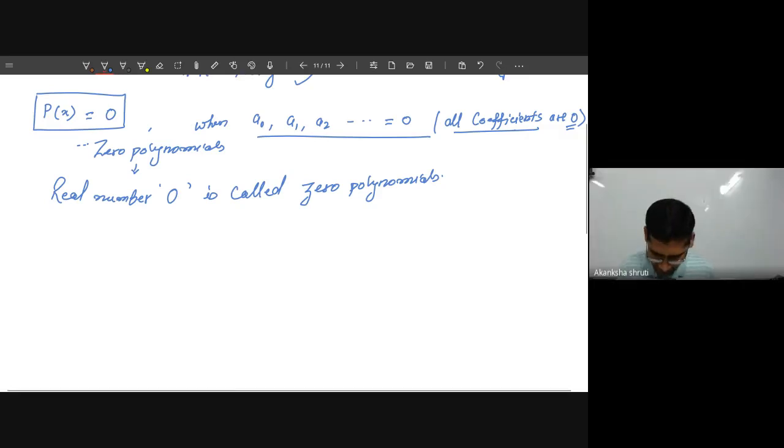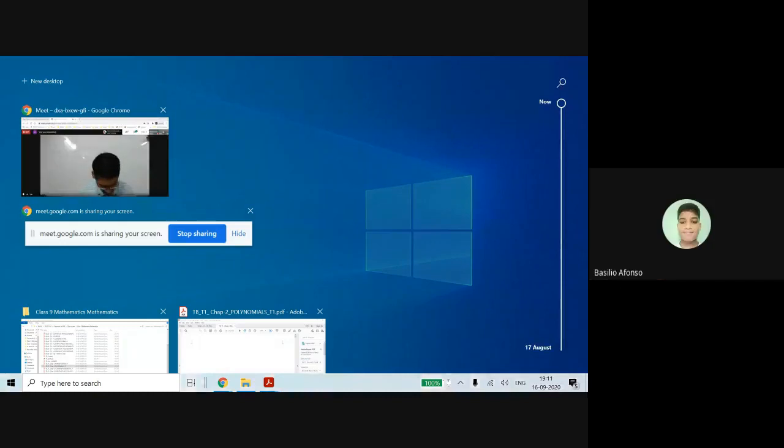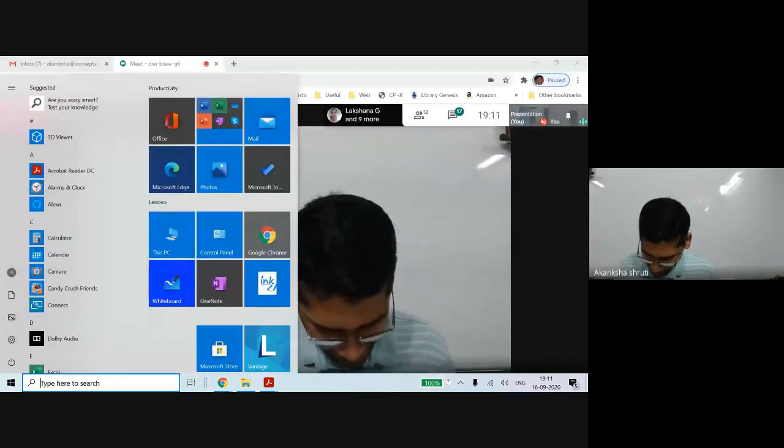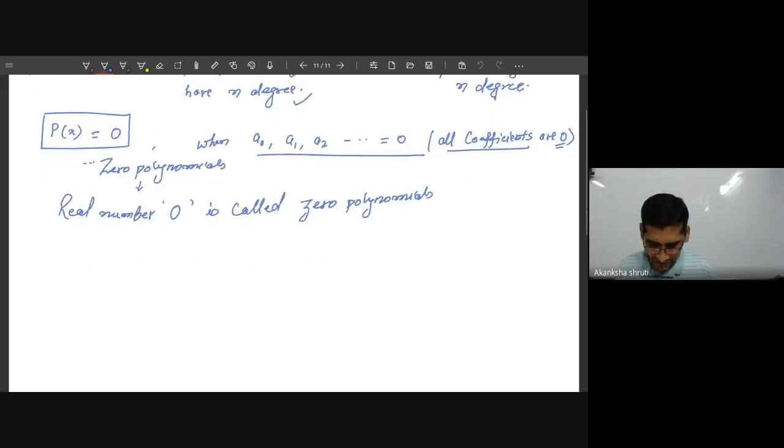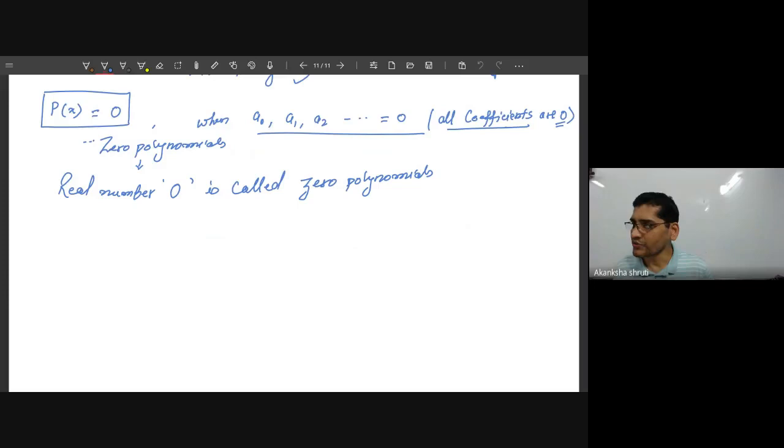Can anyone tell me? 0. Okay, you are saying that the degree of the zero polynomial is 0. Here the coefficient is 0. Sir, when the coefficient is 0. So that's why I have written here that coefficients are 0. Students, understand this.